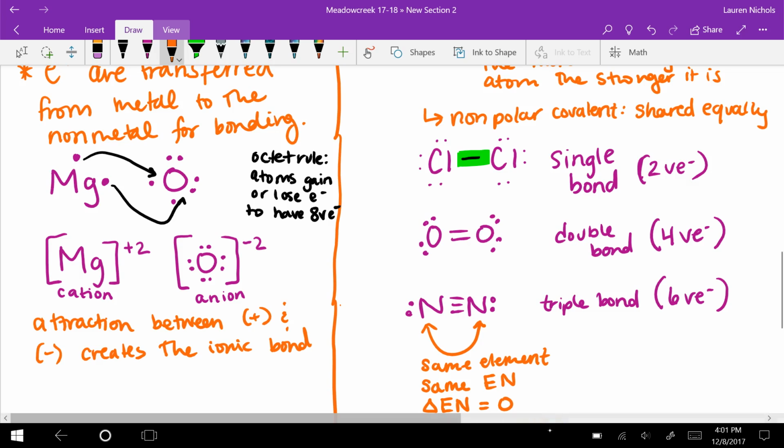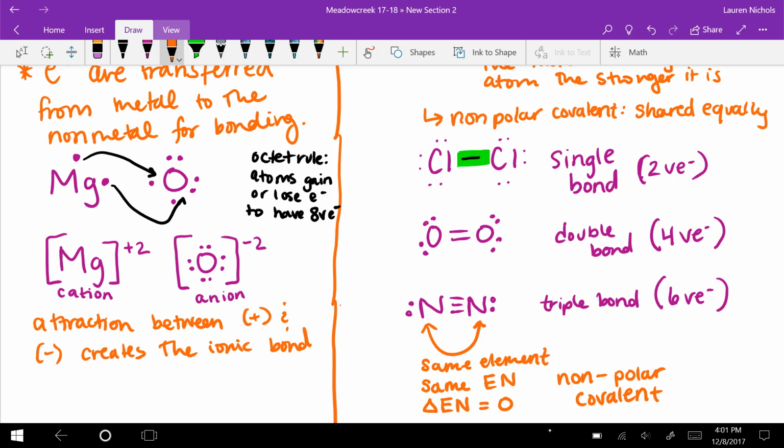And when you have a delta electronegativity equal to 0, meaning the difference in their strength to attract electrons is the same, there's no difference, this would be a nonpolar covalent compound. And we know it's covalent because all of these atoms are nonmetals. They're located on the right of the staircase on the periodic table.